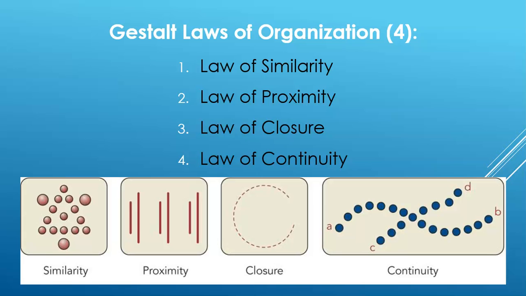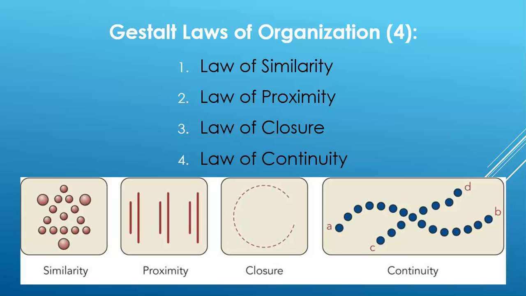Welcome back, everyone. This will be the last video for Chapter 4, Sensation and Perception. In the previous video, we talked about Gestalt laws and Gestalt psychology and how that incorporates visual information and how it's processed or perceived in the brain, and how we can use this to talk about visual illusions.